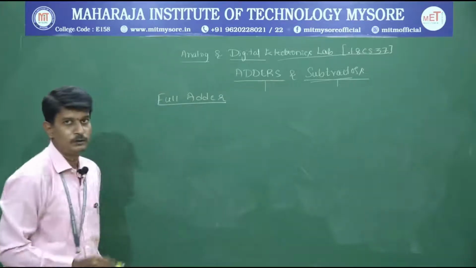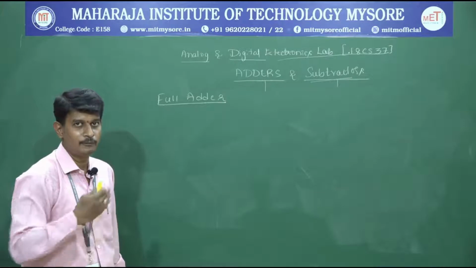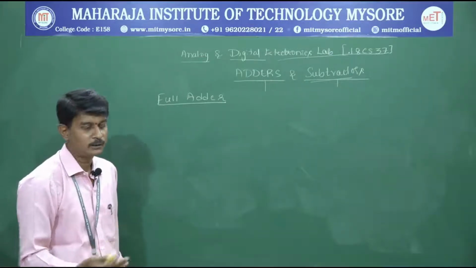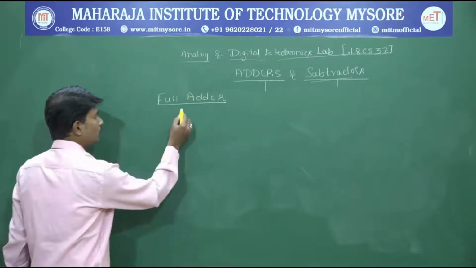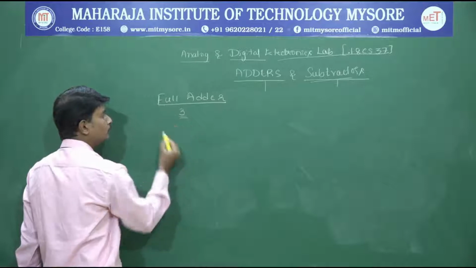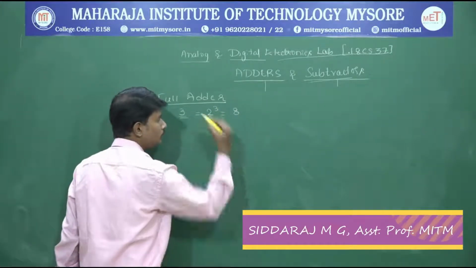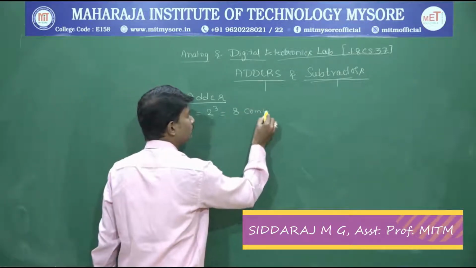As I told you before, this is a combinational logic circuit which is going to accept 3 inputs, add the 3 inputs, and produce 2 outputs, which are a sum and carry. If I take 3 input variables, I am going to get 2 power 3, which is equal to 8 combinations of the input variables.